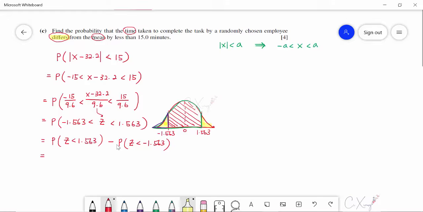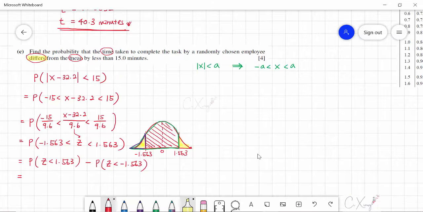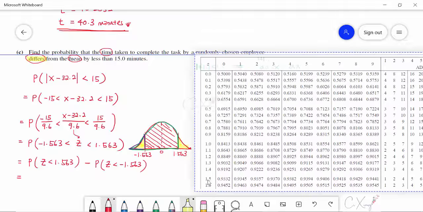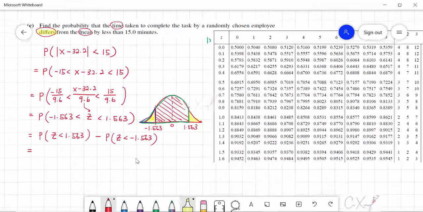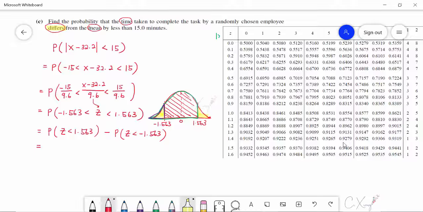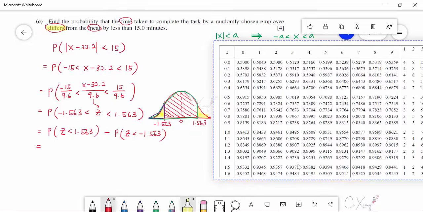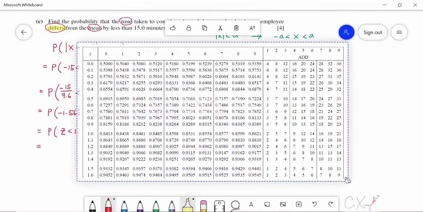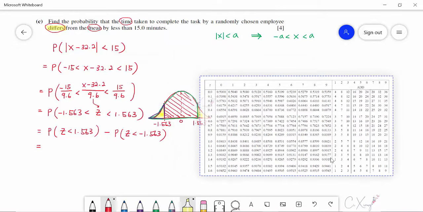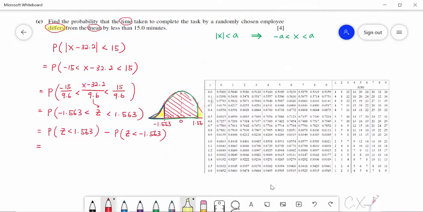All right, so what is z smaller than negative 1.563? You can find out the value from the normal table. Maybe I will try to put it smaller, hopefully you can see it. All right, so I'm looking for z smaller than 1.563.